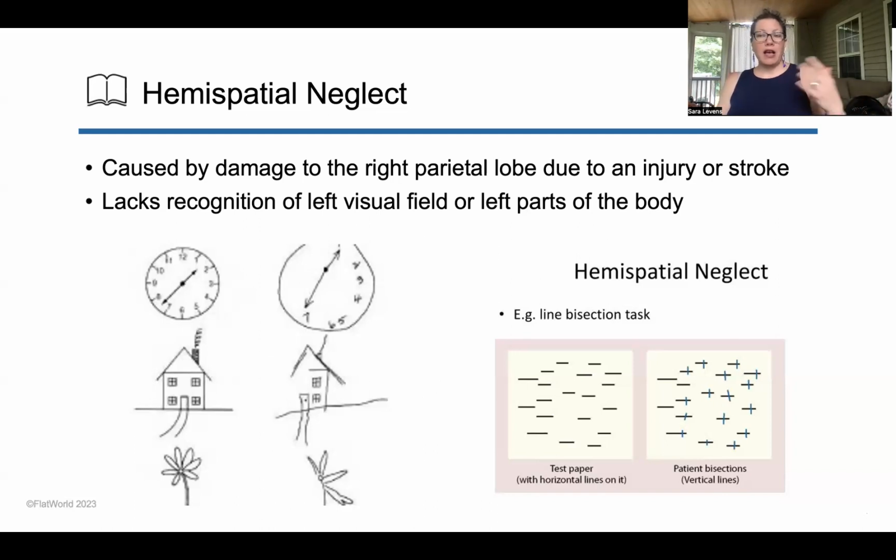So it's kind of there, but they can't access it in the traditional sense, because the perceptual information is working. It's not a perceptual disorder; it's basically in combining all of the sensory information together that the break occurs.